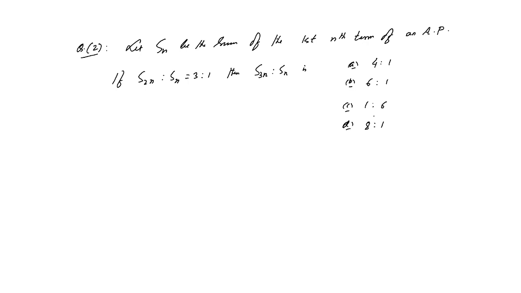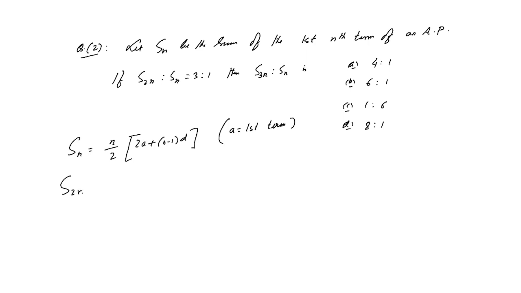Obviously here we take the sum of the first n terms. Sn, the sum of the first n terms, will be n by 2 times (2a plus (n minus 1) into d). Here a is the first term of the AP and d is the common difference.